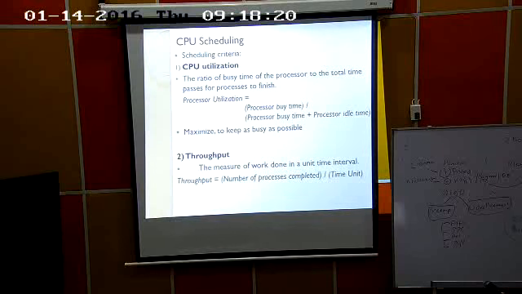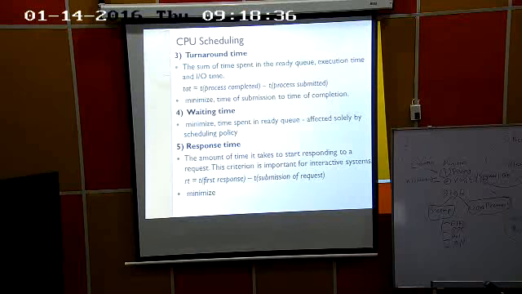Throughput is the number of processes completed per time unit, for example 100 processes completed within 2 nanoseconds. Then turnaround time, waiting time, and response time.